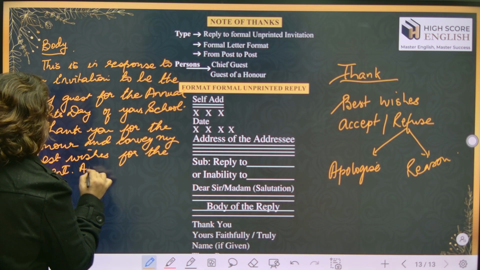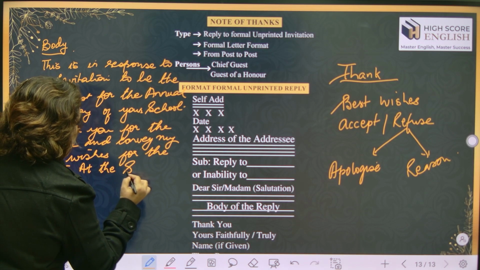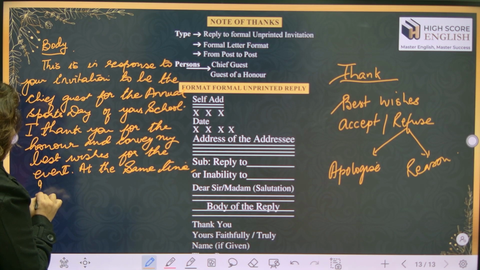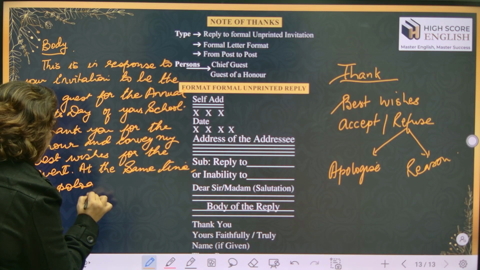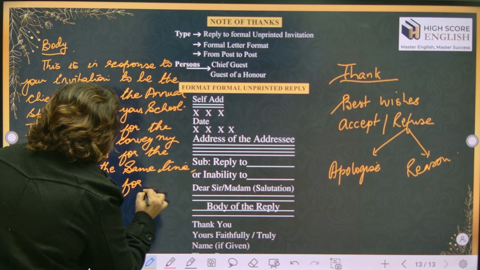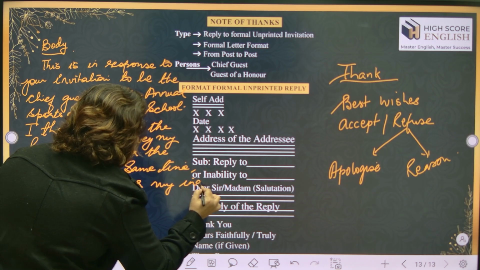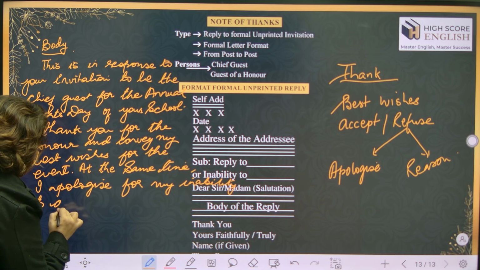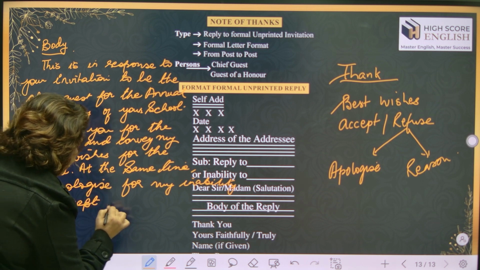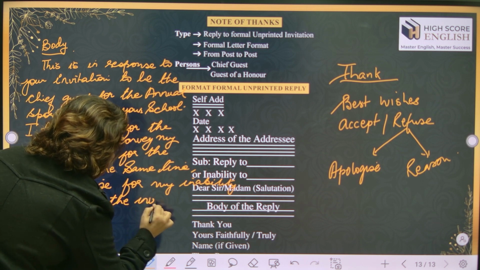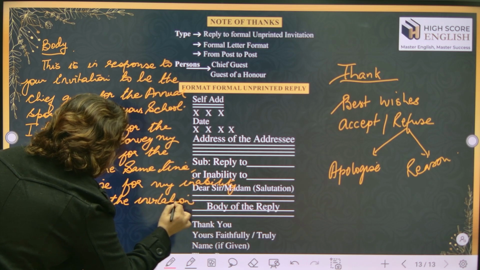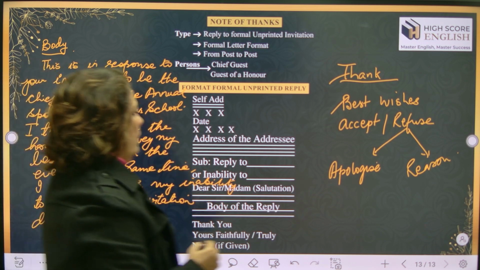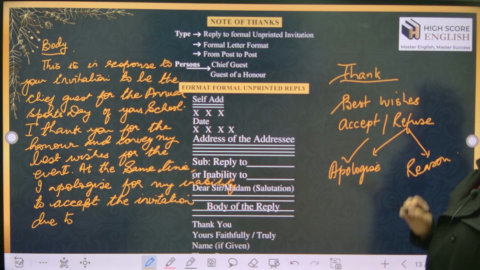Now, at the same time, comma, I apologize for my inability to accept the invitation due to. Apologize, and now you're going to give a reason.